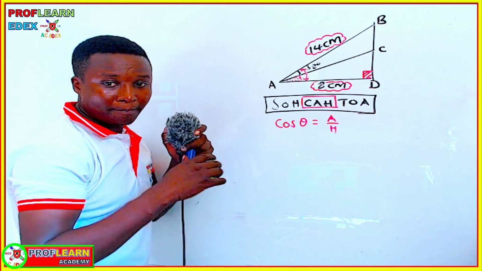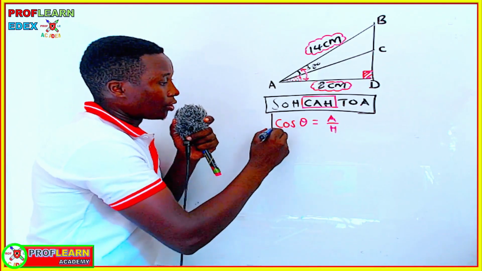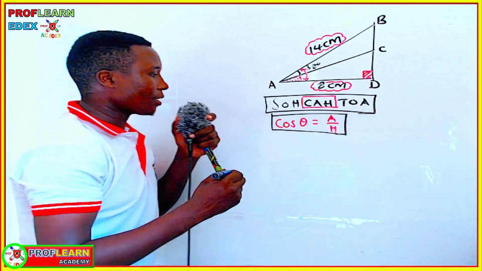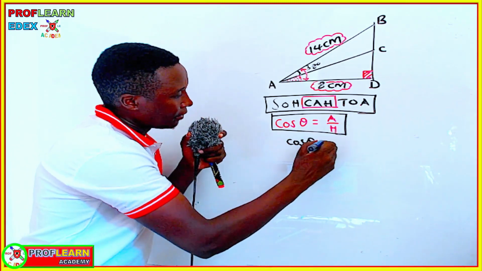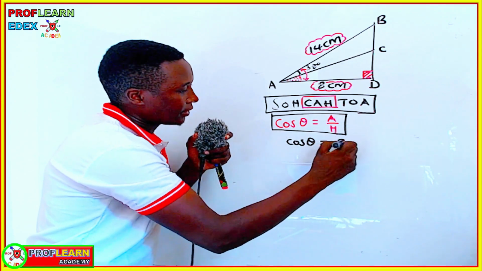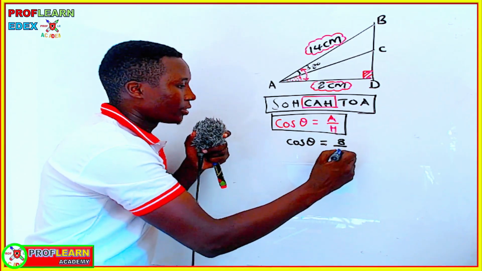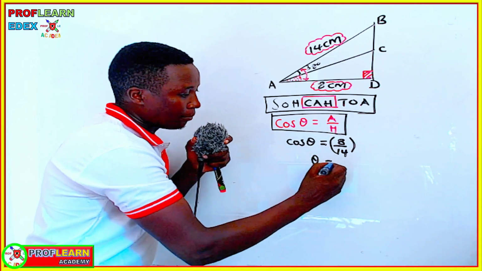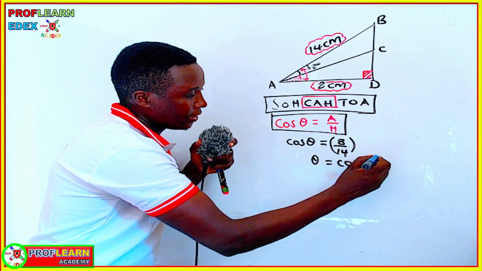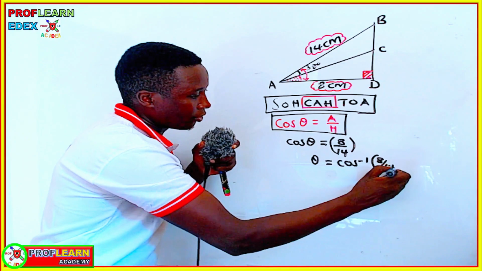That is the formula I'm going to use. Therefore cos theta equals adjacent, which is 8, over hypotenuse, which is 14. So for me to find theta, I'm going to find the cos inverse of 8 over 14.